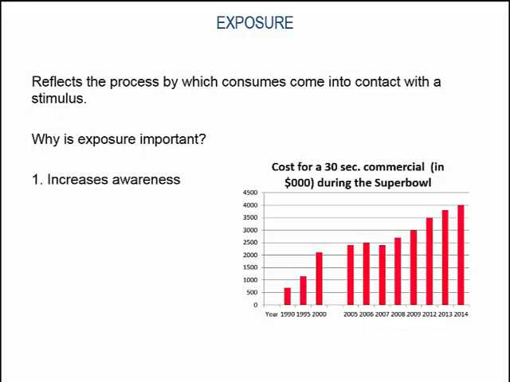The first and most obvious function of exposure, of course, is creating awareness. This is becoming more and more of a challenge these days, the more information consumers are bombarded with. That is why the cost of commercials in primetime TV, for example, has skyrocketed. For example, the cost of just a 30-second commercial during the Super Bowl, which is the most watched sporting event in the US, has increased roughly 8 times over the past 25 years.